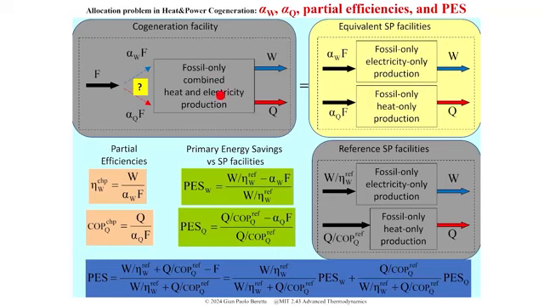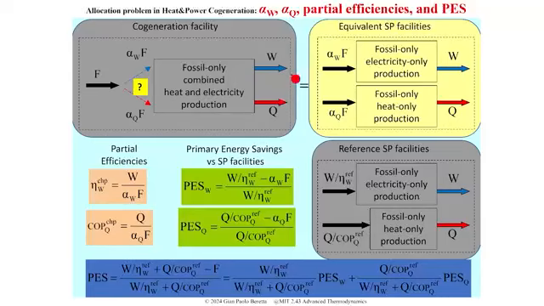So you think of your cogeneration facility as an equivalent separate production facility having 2 internal lines. If your combined production was simply 2 separate lines, then you would easily find the alpha: you just use whatever fuel goes on one line and whatever fuel goes on the other line.